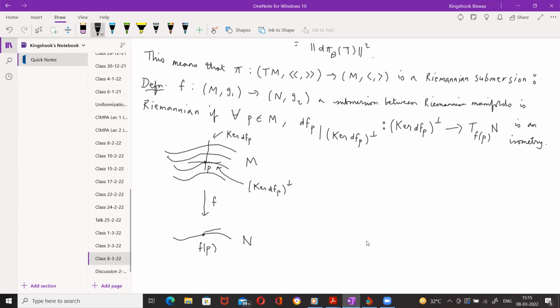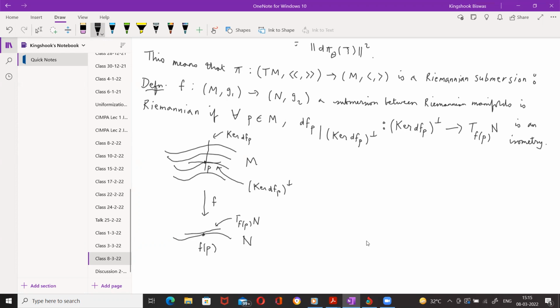And this is the tangent space T f(p) N. So this map from the orthogonal complement of the kernel to the tangent space below is an isometry. So in this direction, you preserve lengths.